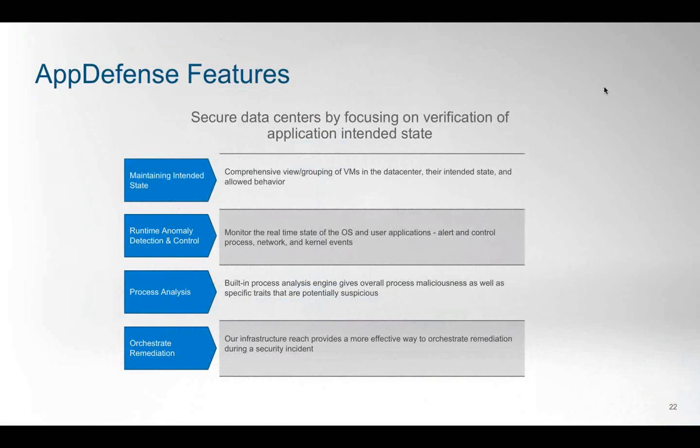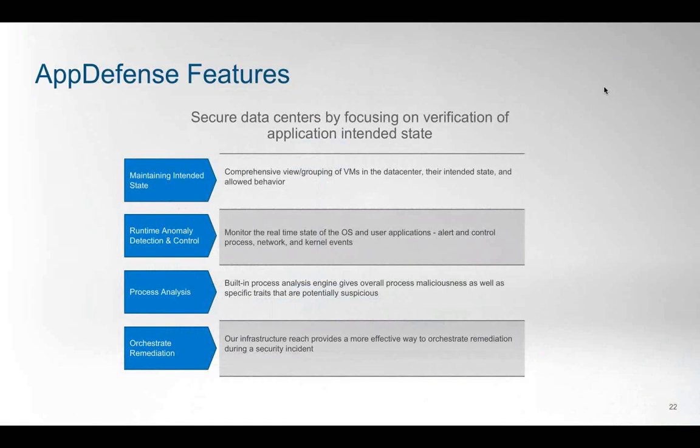We also have a built-in process analysis engine, which we call the process risk score. What it does is provide you the overall process risk score in terms of specific traits that are potentially suspicious. We check with the backend reputation feed system, take your process, and check against it, and if based on the analysis engine we find some kind of malicious behavior with that process, based on the specific threat, we'll raise that process risk score to a high value so that you can take action on it.